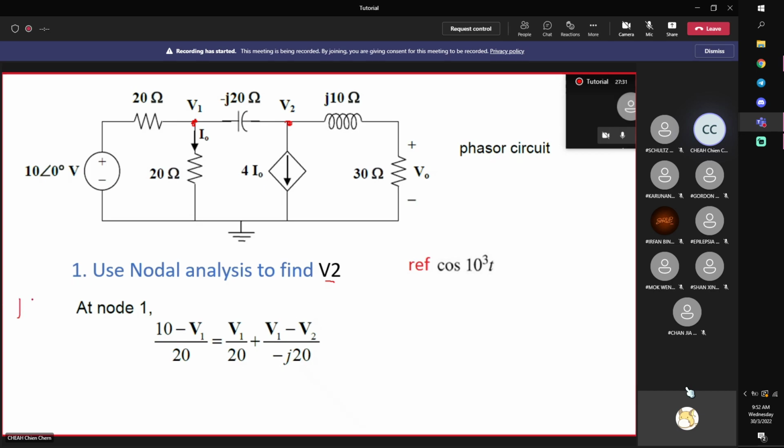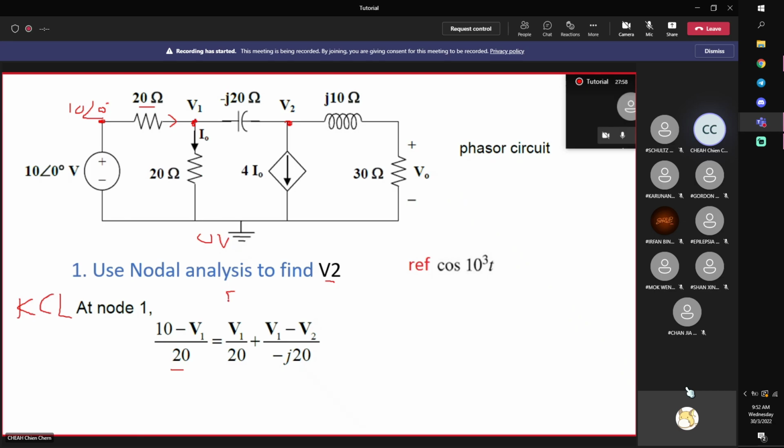I will do KCL at node 1, which is this node. Inflow, this is 10 in phasor form, and this is 0 volt. So 10 minus V1, the voltage across the 20 ohm resistor, divided by 20 is Ohm's law, giving you the current flowing into the node. There's a current flowing out through the 20 ohms.